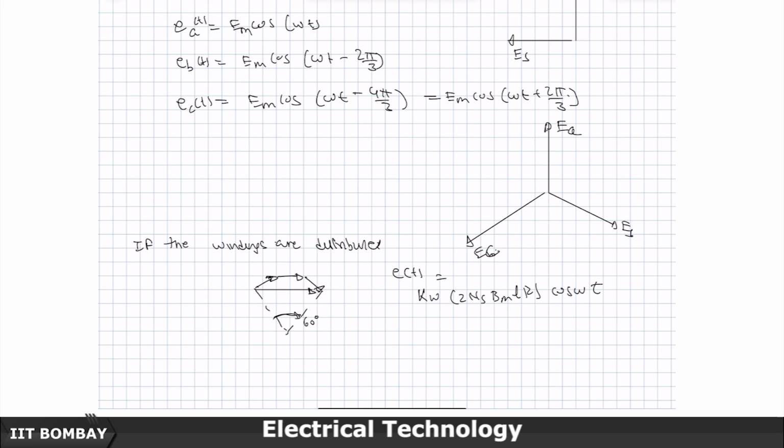So, the actual induced EMF in the A phase will be given by some such equation. You have seen that because of the sinusoidal distribution of the flux, only the fundamental component voltage is being generated. No other component is being generated, which is exactly what we want in reality.